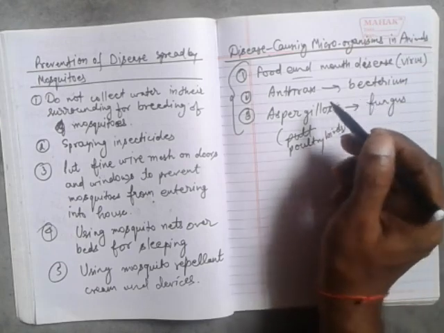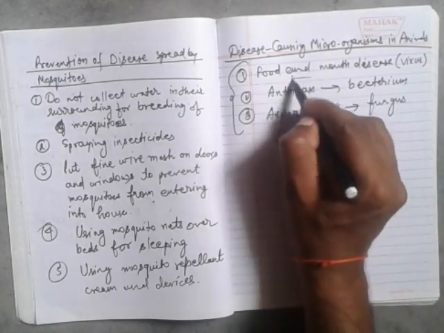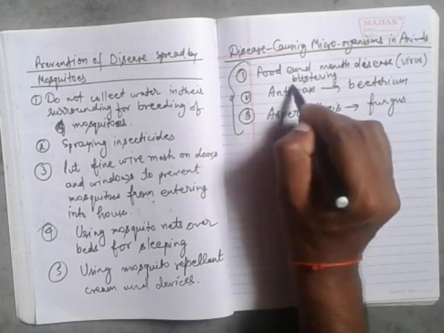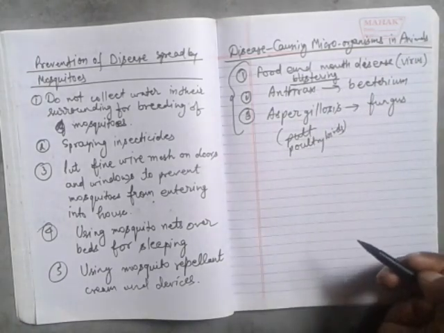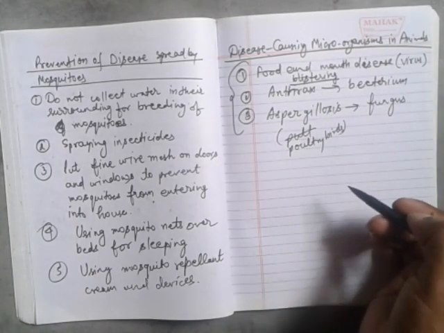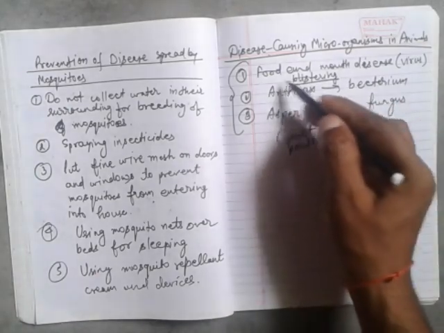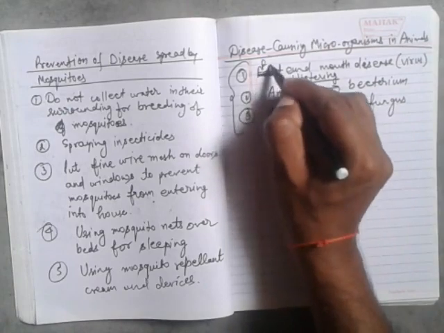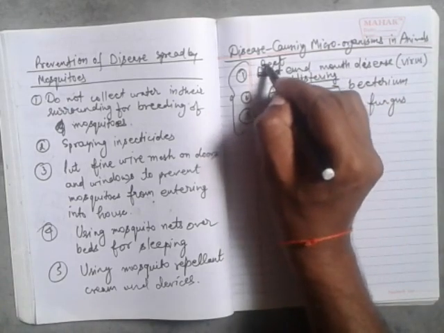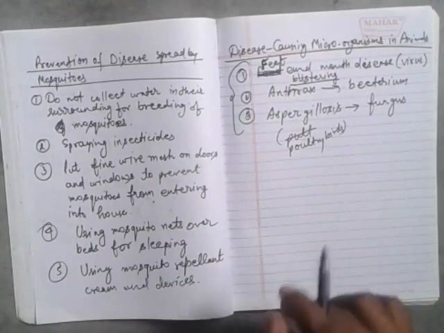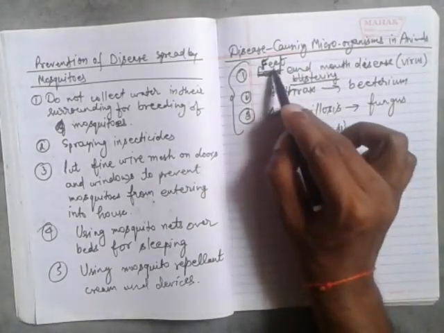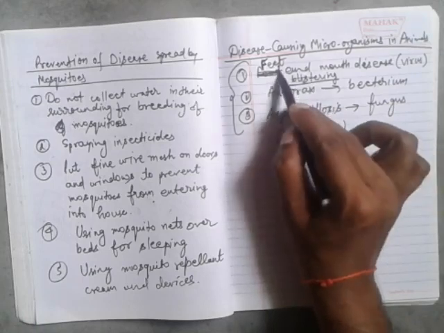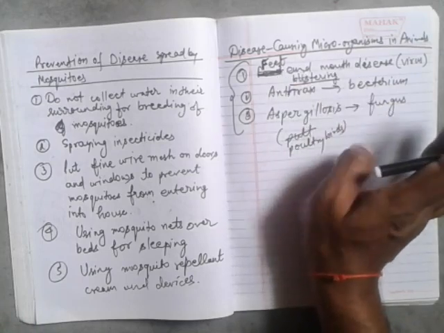Means blistering occurs on the feet. This is feet. Feet on the mouth, blistering on feet and the mouth of the cattle.